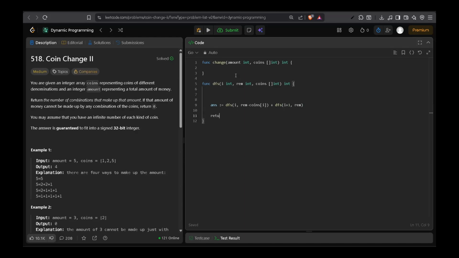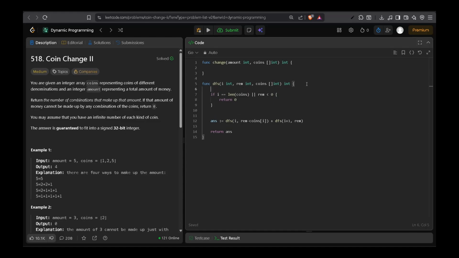And we return answer. Now we need a terminating condition to stop the recursion as well, and the obvious terminating condition would be if I is equal to length of coins or remaining is less than 0, we return 0, right?